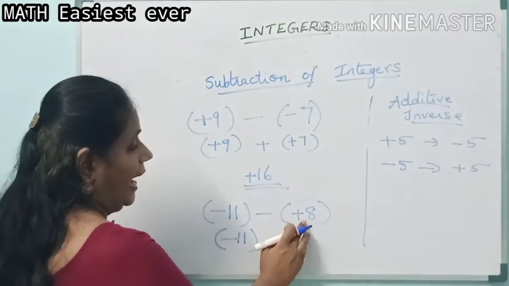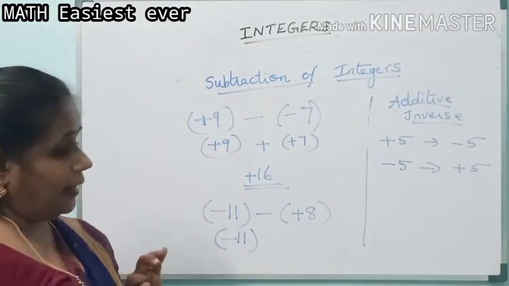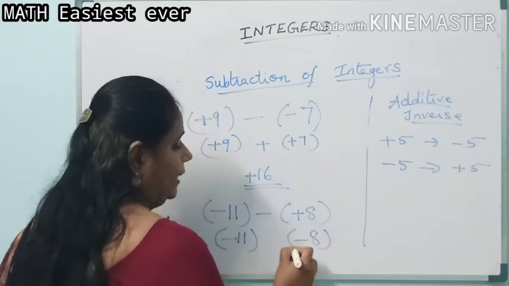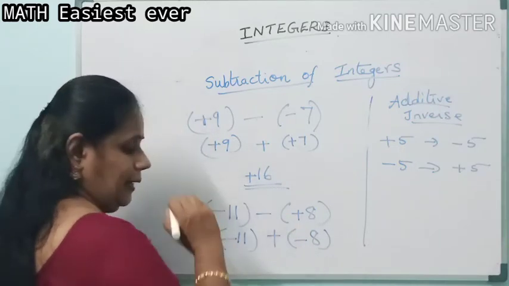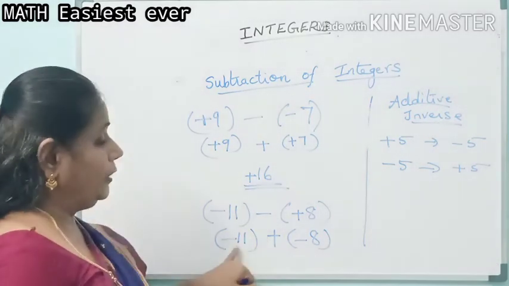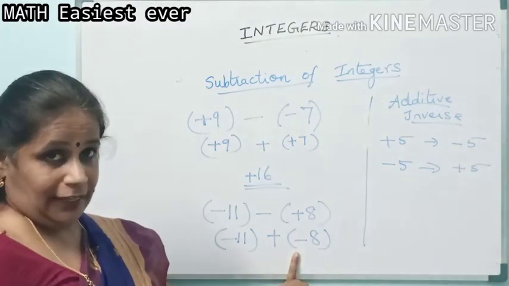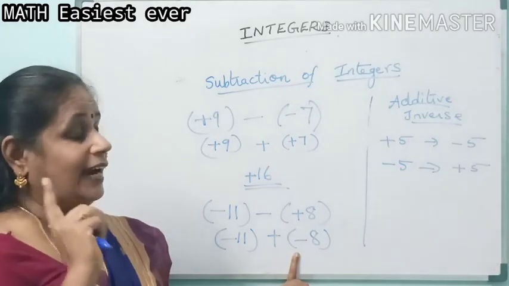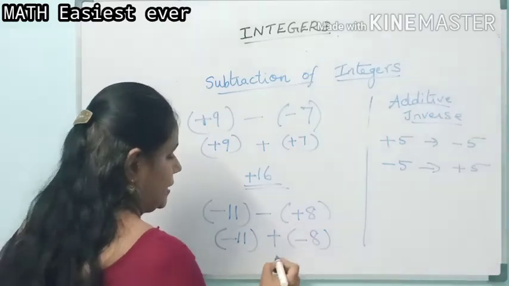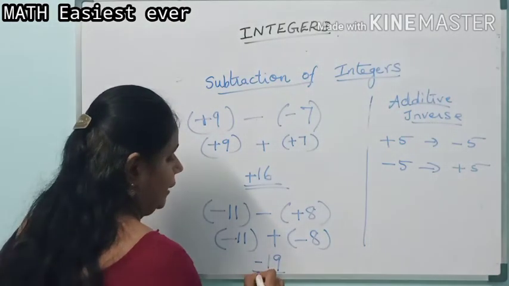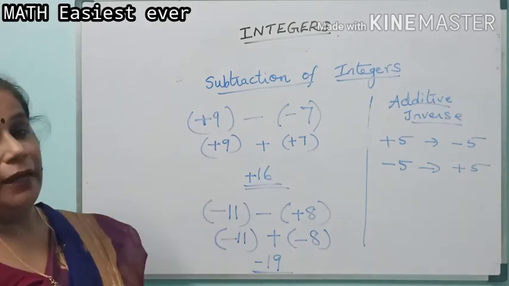Now take the additive inverse of the second integer, plus 8. It becomes minus 8, and then this minus will become plus. Now recall the addition of integers. Both integers are having minus sign, so what should you do? Both integers having the same minus sign means you have to add the integers. 11 plus 8 is 19, and you have to put minus 19. So your answer is minus 19.